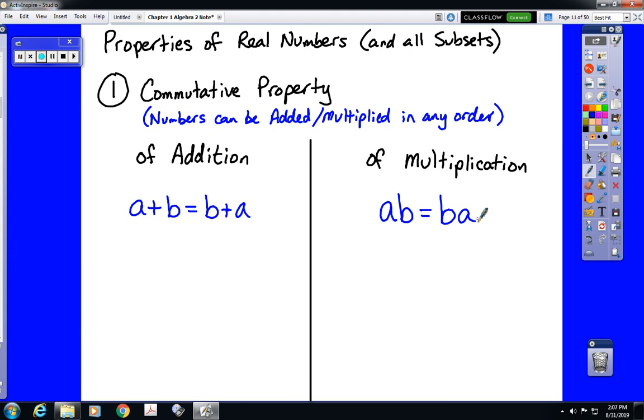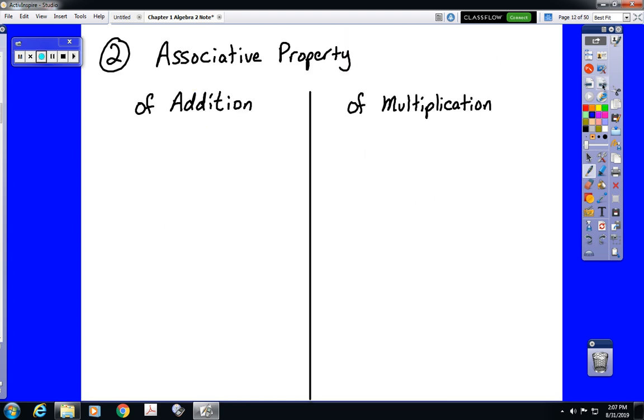Now that's for two numbers. That's called the commutative property. If we advance that out to talk about three numbers, that's still the same sort of property. Okay, numbers can be added and multiplied in any order. And the associative property deals with more than two numbers.